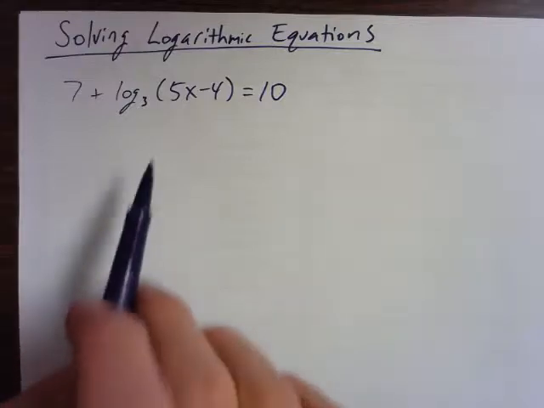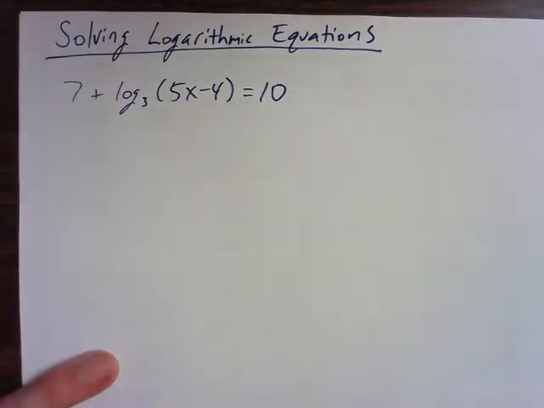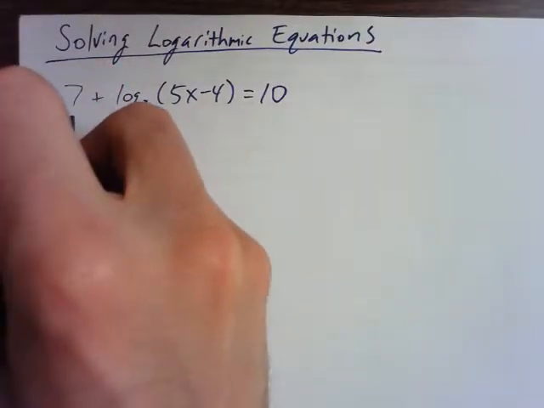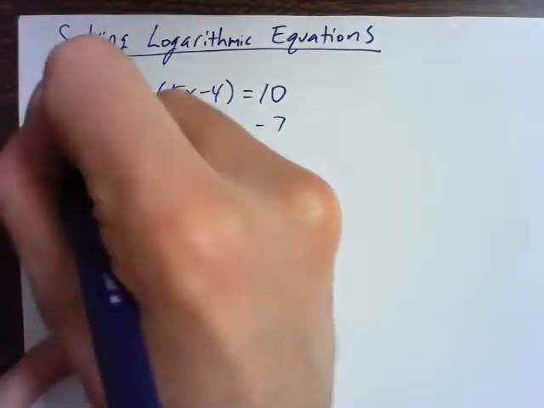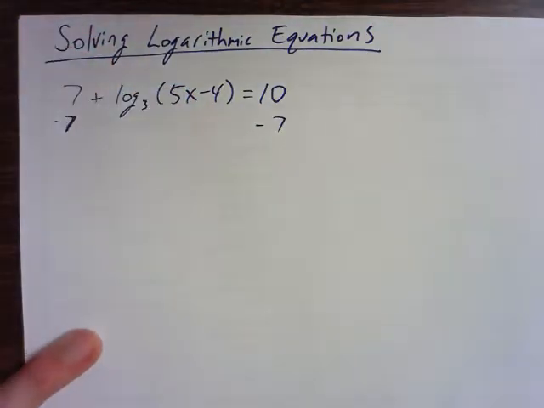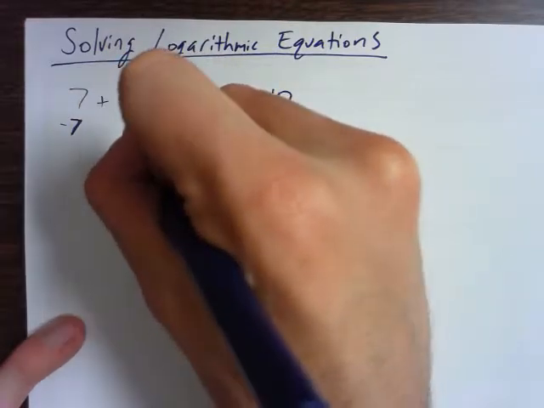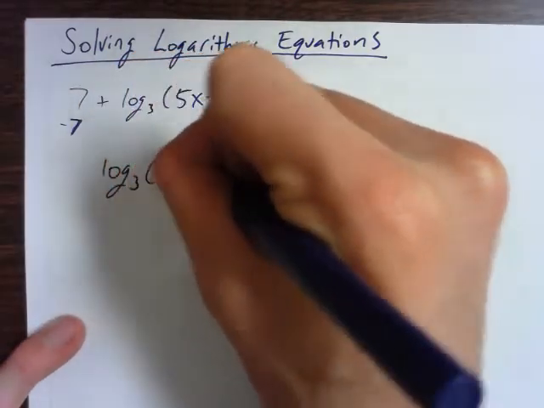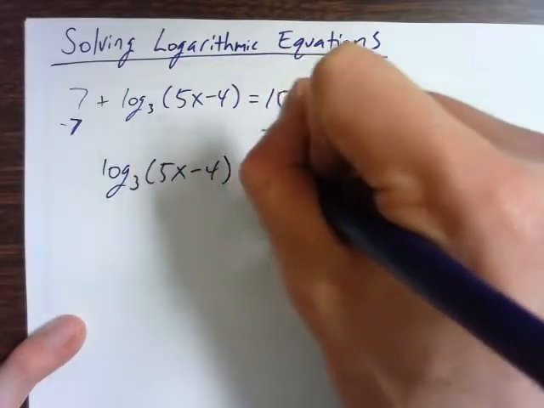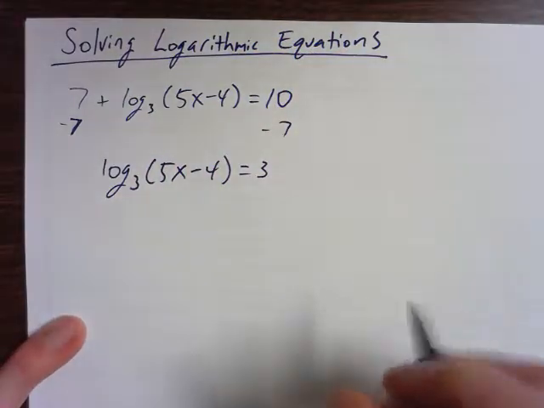So I need to solve for this log. I need to get it by itself, so I need to subtract 7 on both sides. All right, and so I'll be left with log base 3 of 5x minus 4, and that will equal 3.